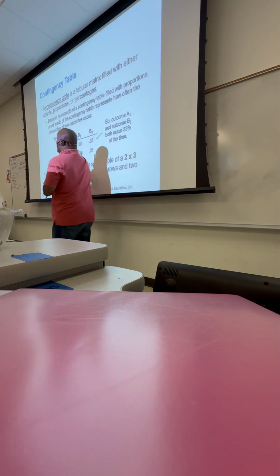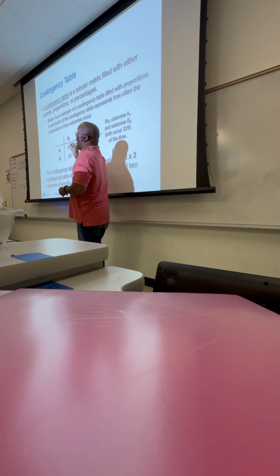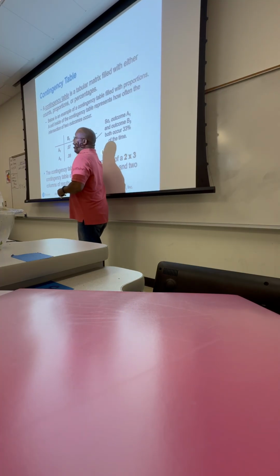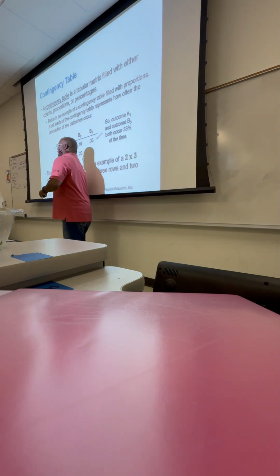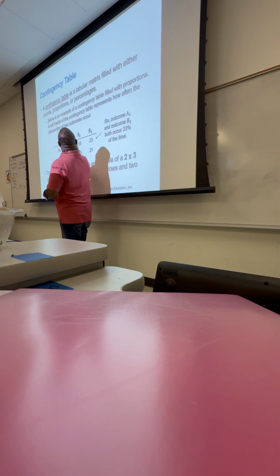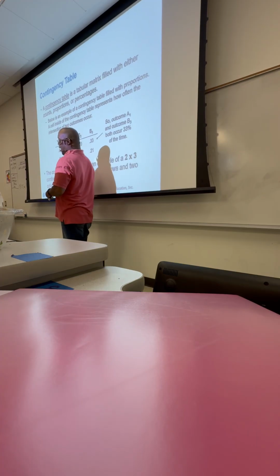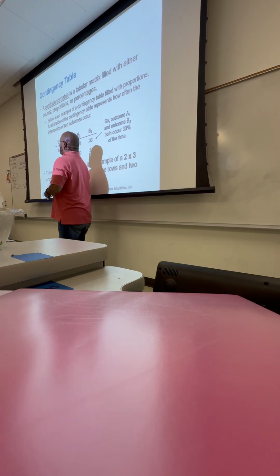Keep in mind that this is just an example. I'm not saying that all contingency tables look like this. You could have, for example, 4 rows and 3 columns. But nonetheless, this is a contingency table.